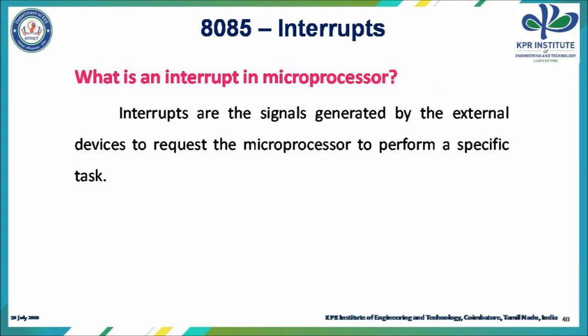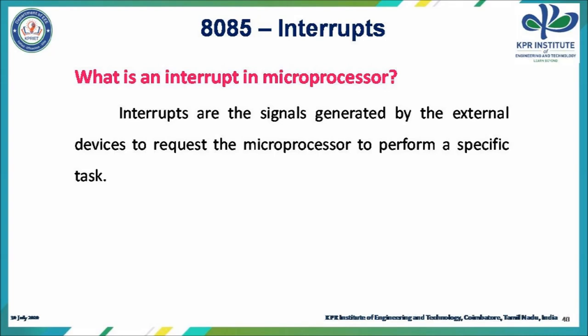Now, as we have seen the architecture of microprocessor, let us see the interrupts of processor in detail. What is an interrupt? Interrupt literally means disturbance. So, interrupts are the signals generated by the external devices in order to request the microprocessor to perform a specific task.